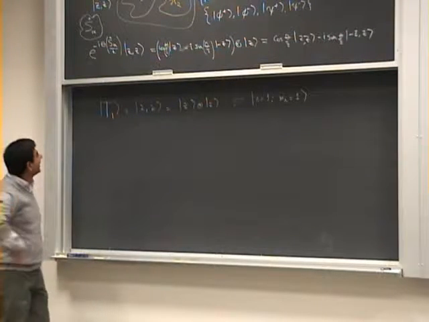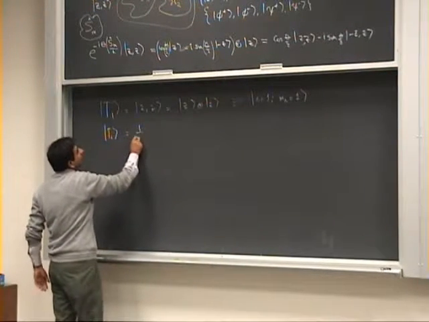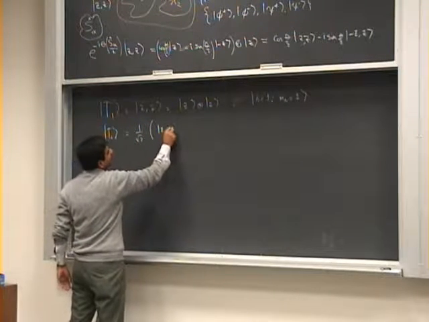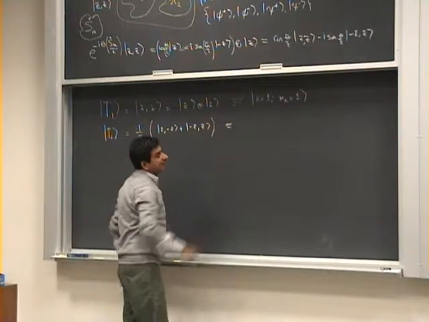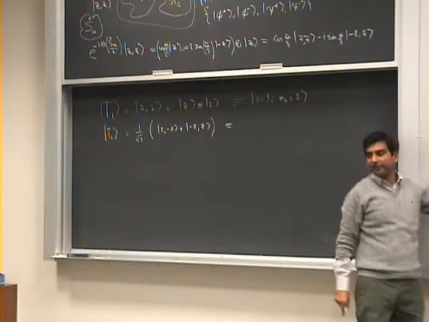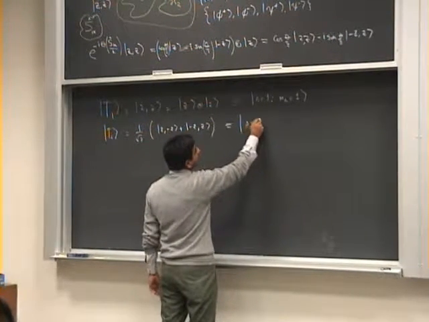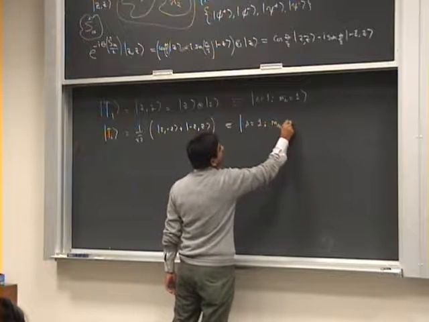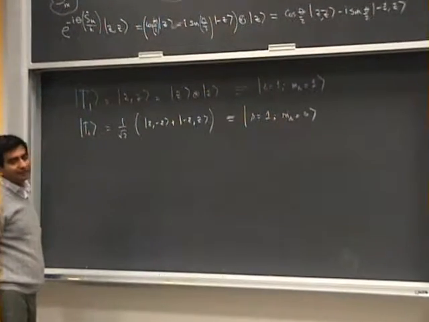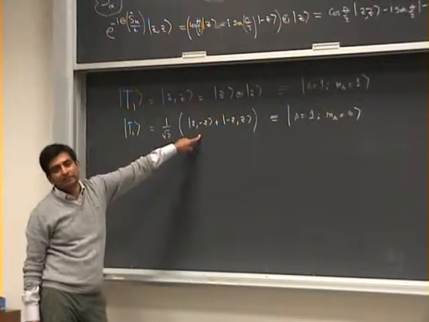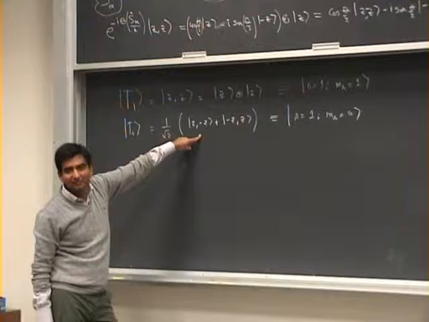Okay. Likewise, T naught, which is really 1 over under root 2 times up-down plus down-up. If you start instead of with T1, you start with T0, you can prove that this corresponds to a total spin quantum number of S equals 1 but with an azimuthal quantum number of 0. Okay. By the way, is this an entangled state? Yeah. Is it a pure state? Yes.